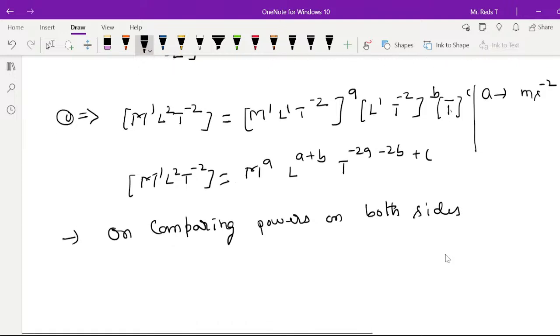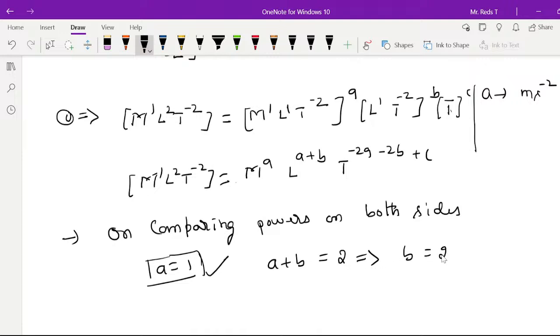Yes, one term we got. Then a plus b is equal to 2. This implies b is equal to 2 minus a, but a is 1, so b is 2 minus 1, which is 1. So a is equal to 1, b is equal to 1.